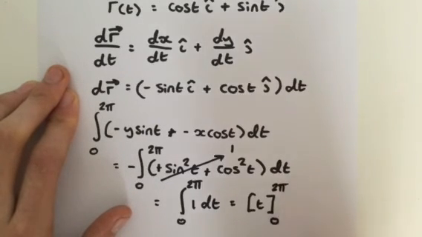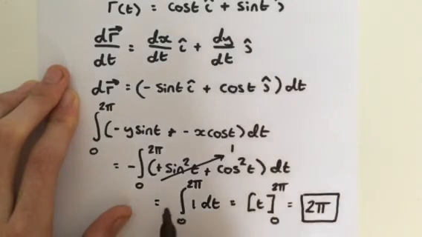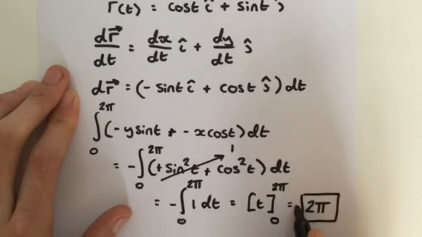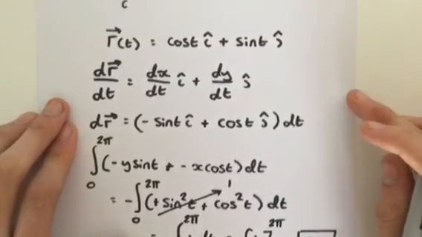So basically, you put 2 pi in for t minus 0. That's 2 pi minus 0, which is 2 pi. But don't forget, we had a negative out here. So therefore, our work done is negative 2 pi.